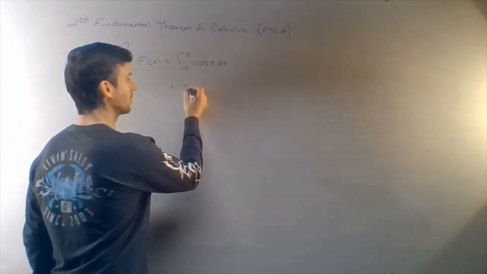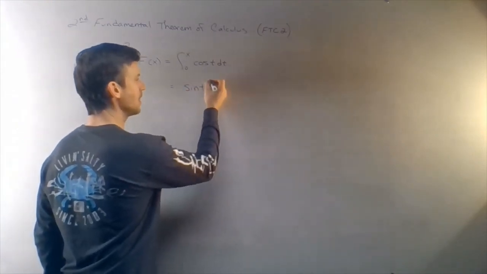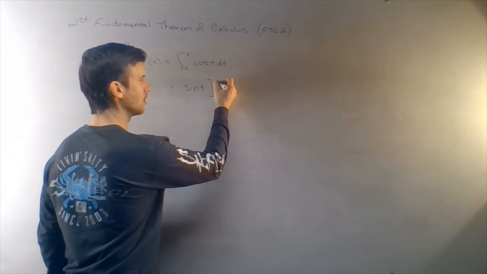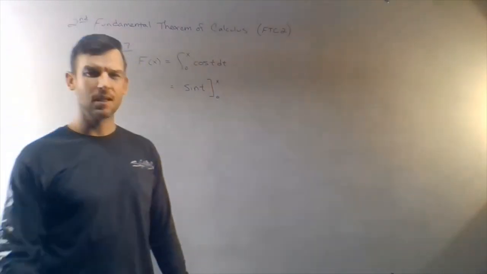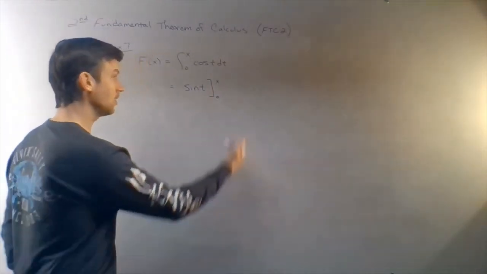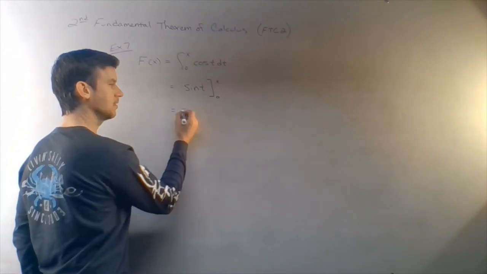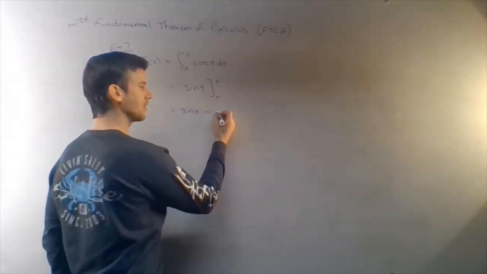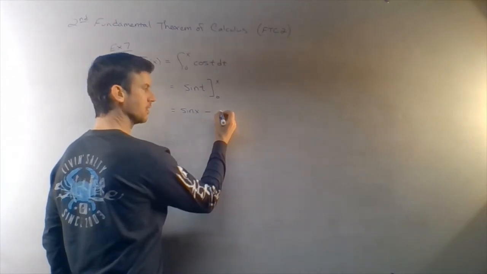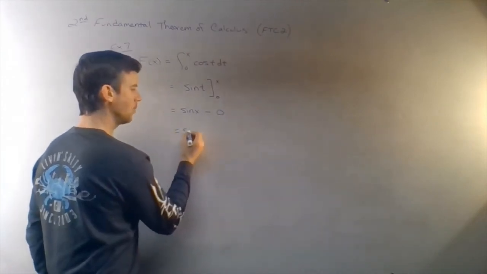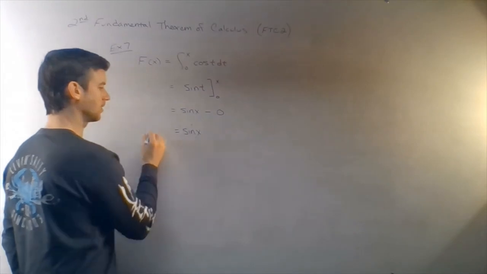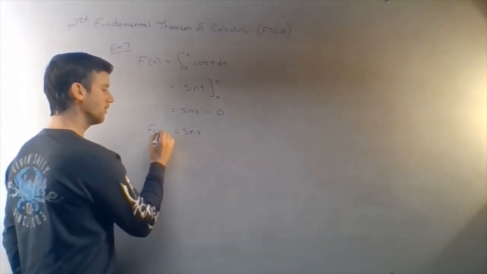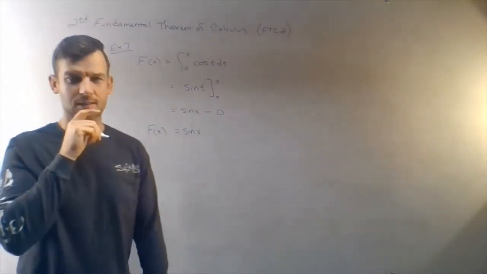So that's going to be the sine of t, and we have to evaluate it from 0 to x, okay? So the first fundamental theorem of calculus says that we can plug the x in, get sine of x, minus we plug our 0 in, sine of 0, which is 0, and we end up with the sine of x. So our function is the sine of x.